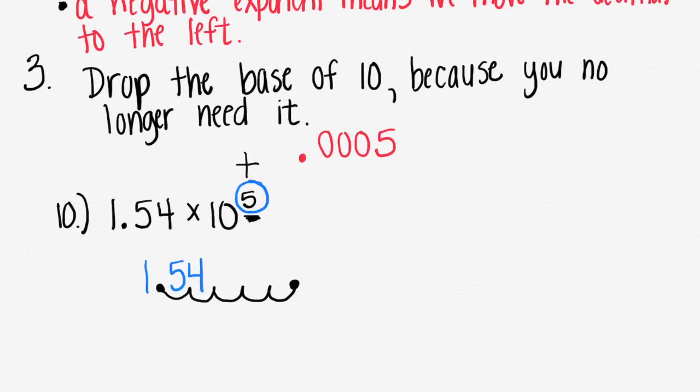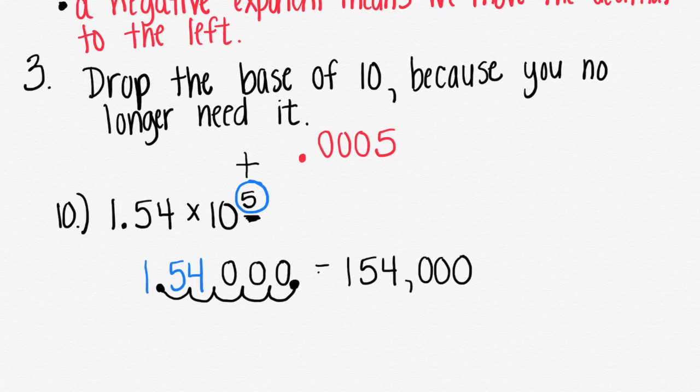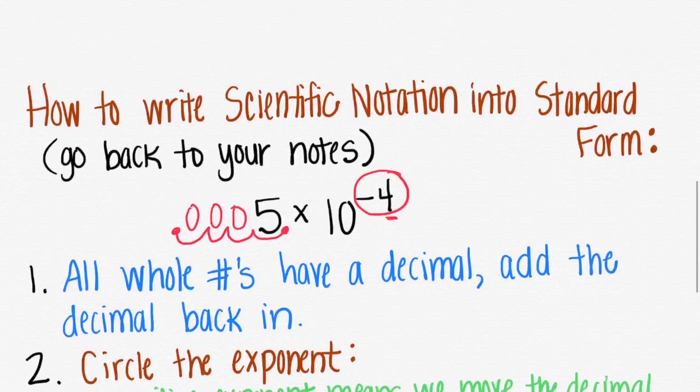We have 3 spaces after the 4 that are empty, and we fill those in with zeros, which means we now have the number 154,000. We can leave the decimal point at the end of the number, or we can drop it off. Most of the time, you don't see a decimal after a whole number answer anymore because we just drop it off.